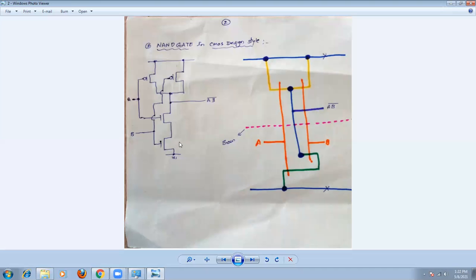That means we implement the N diffusion layer in the form of S, or the opposite of S, no problem. So this is in the form of S, and I am using this method here.